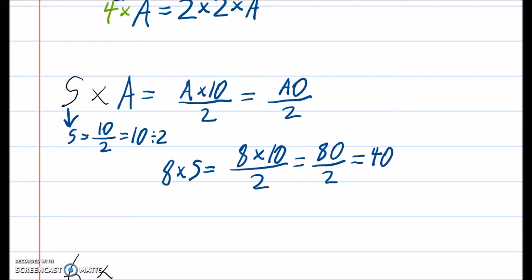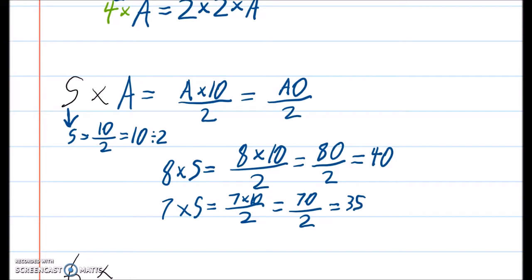Okay? It's a little bit more challenging when you have a number like 9. Well, maybe let's choose a smaller number. 7. 7 times 5 equals 7 times 10 divided by 2. It still works. It's just a little bit harder. So 70 divided by 2. Well, 70 divided by 2 isn't a nice even number.